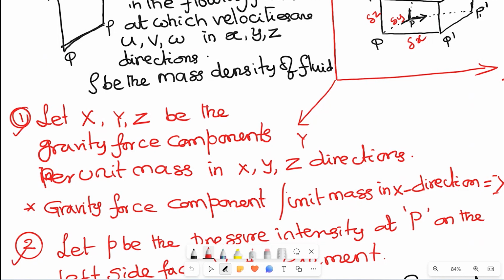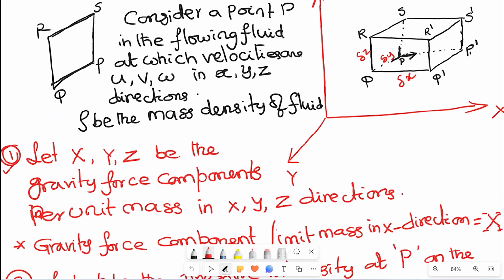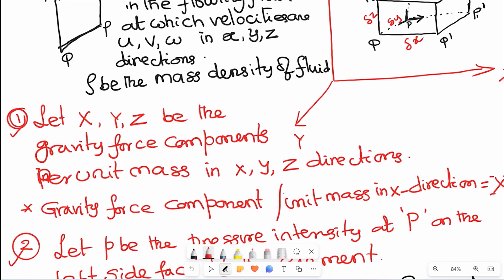How do I calculate the gravity force component and the pressure force component? The first thing is the gravity force component. You all know that the gravity force is only in the vertical direction. But here I am writing let X, Y, Z be the gravity force components per unit mass in x, y, z directions. Why have I taken it like that instead of only the vertical z direction?